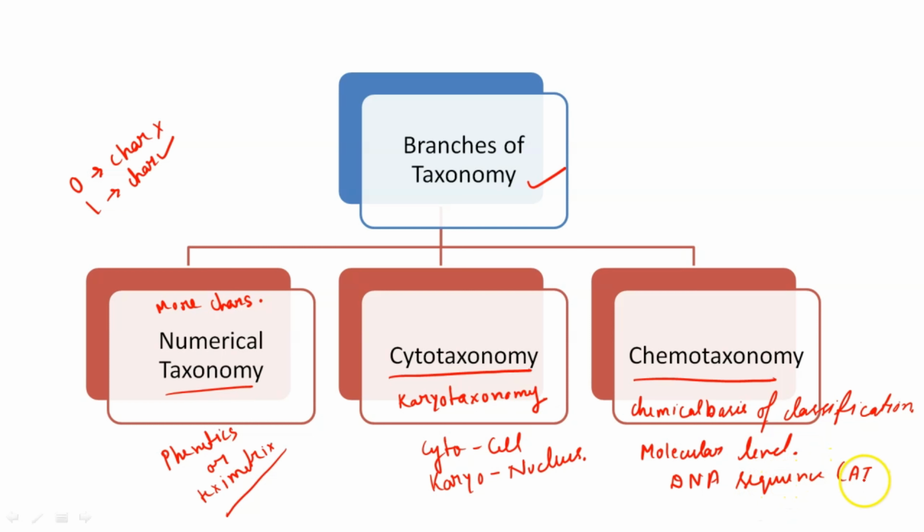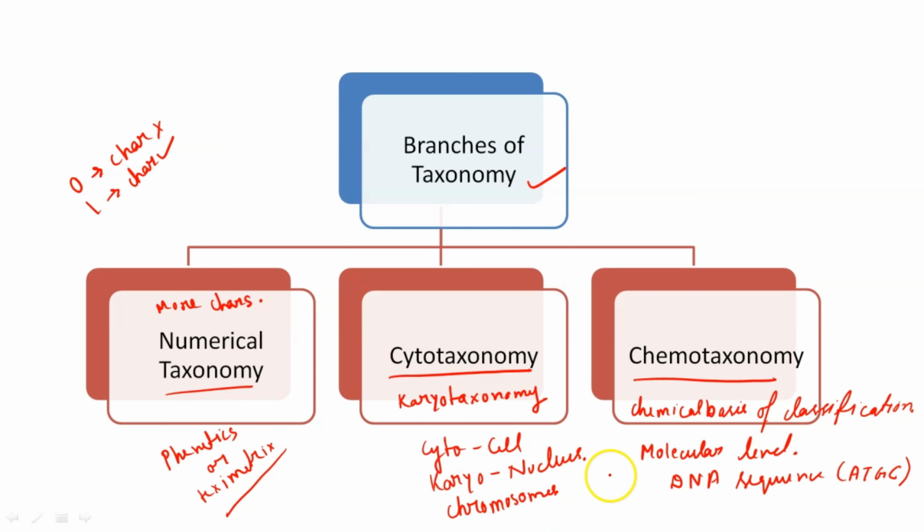This ATGC is present in it, and this DNA sequence is not used in cytotaxonomy or in numerical taxonomy, but somehow students get confused that DNA sequence is used in cytotaxonomy. Why? Because chromosomes are considered here. But this is not the case with chromosomes.